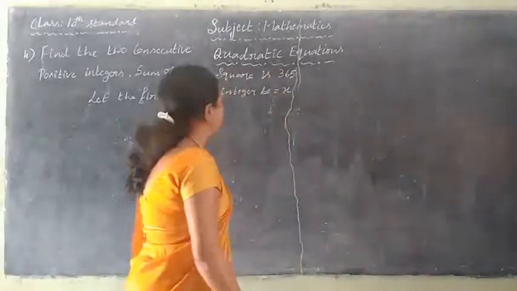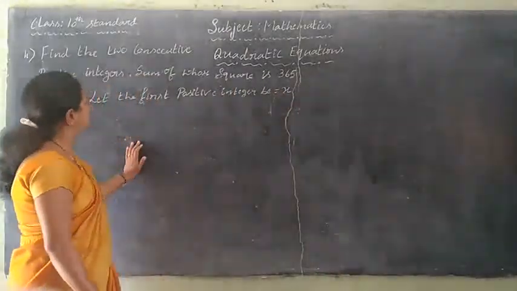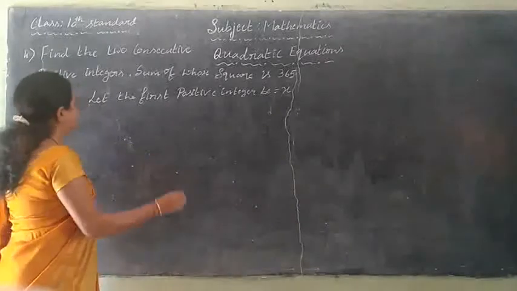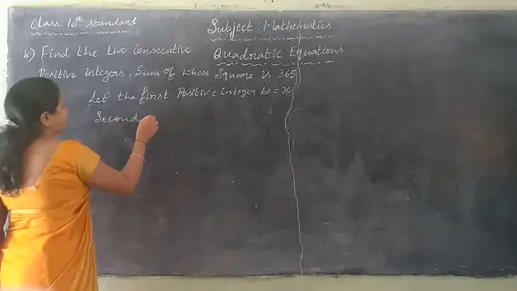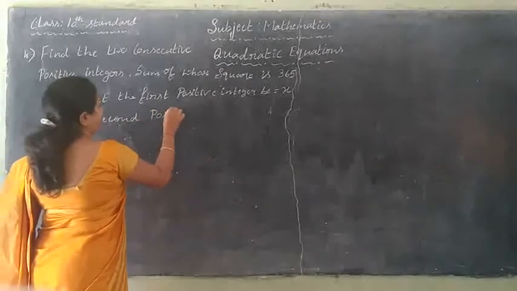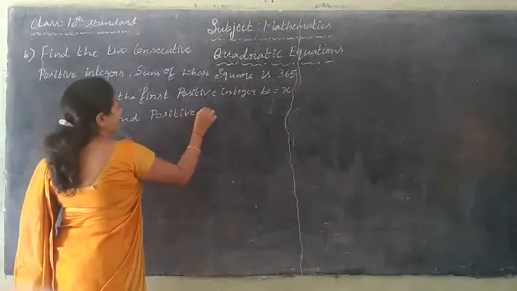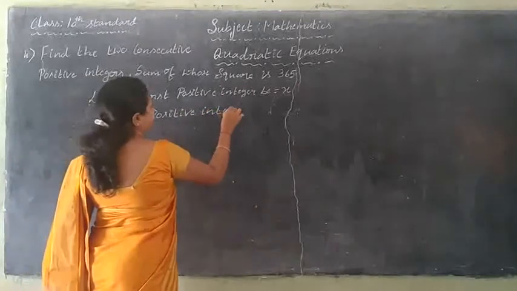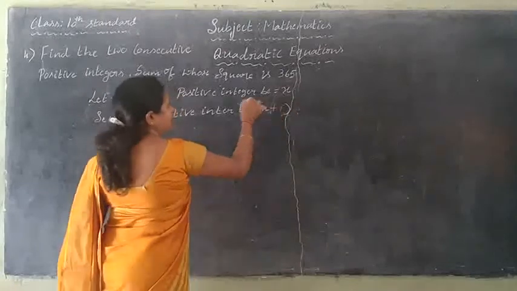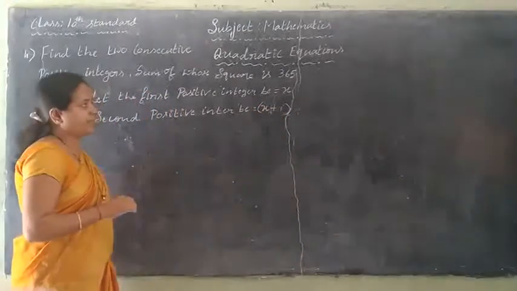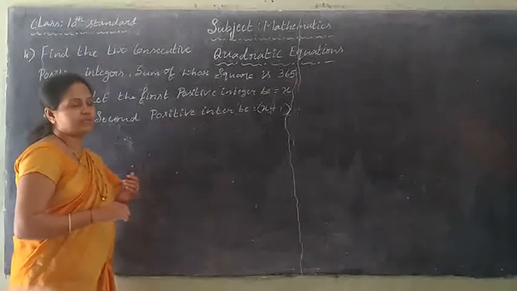Okay. And the second positive integer, we'll take the second positive integer to be x plus 1. First one is x and the second one is x plus 1.